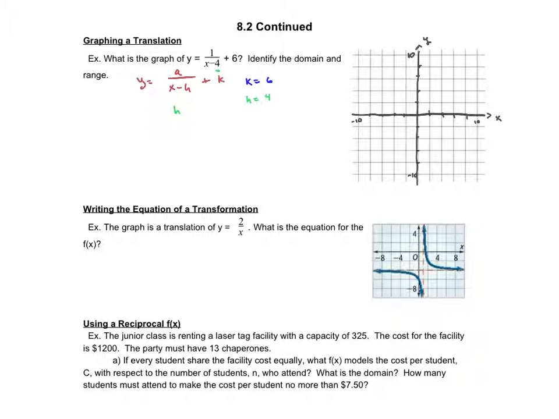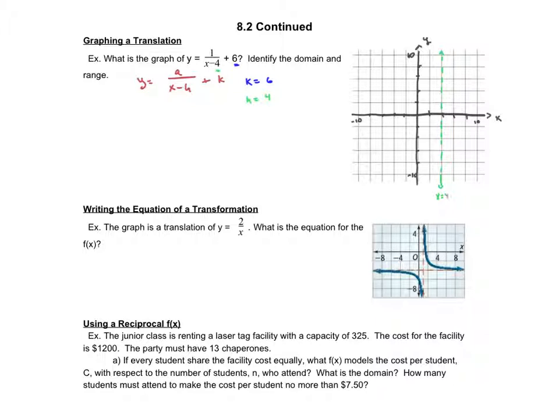H is 4, and then k is 6, which is going to be easy for us to graph, because when we graph these, the first thing we want to do is draw in my asymptotes, and I do it by using a dash line. So if h is 4, that means I have been shifted right 4, so I no longer fall on the origin.